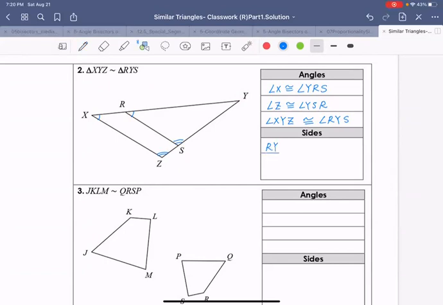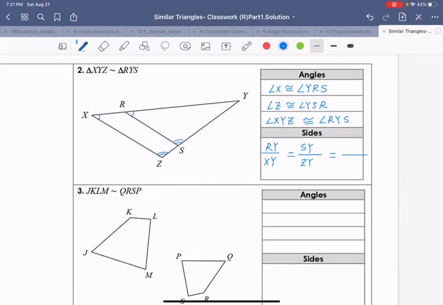RY over YX is equal to SY over ZY. Thank you.